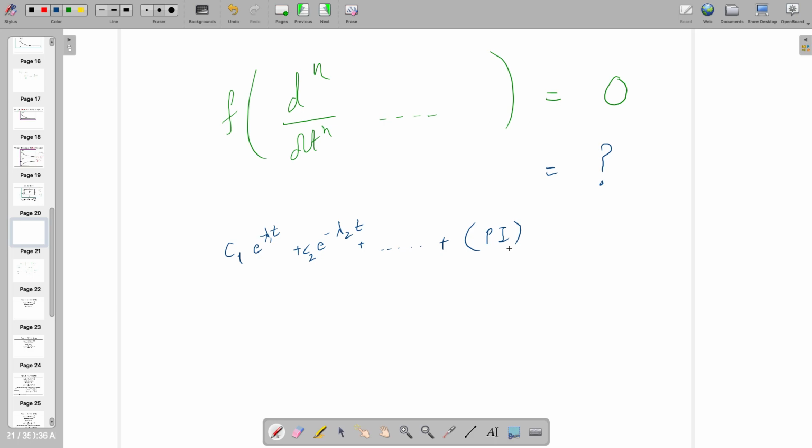This is similar to what we have studied in Bode plots. If all the solutions are real, there is no problem; the answers will be e raised to minus lambda 1 t. But if they are not real, you land up with sine and cos because it will be imaginary: cos plus j sine.